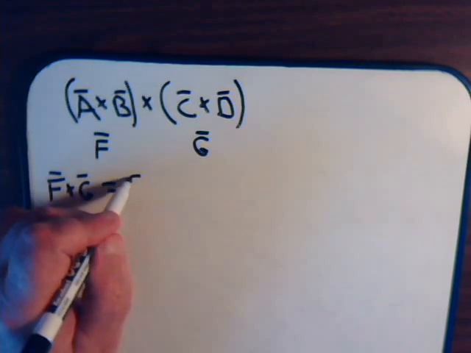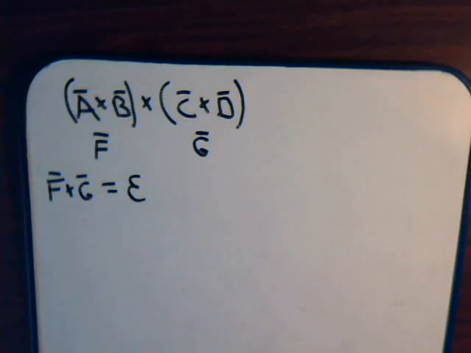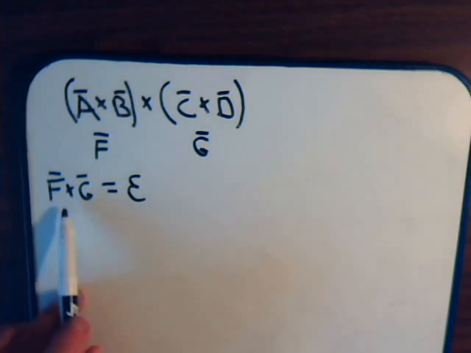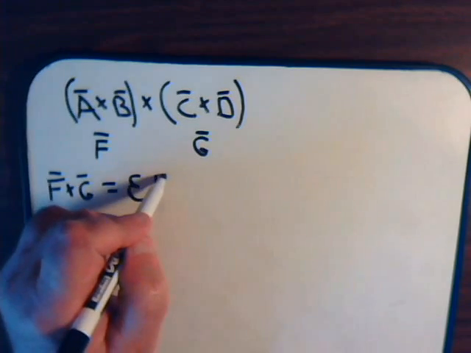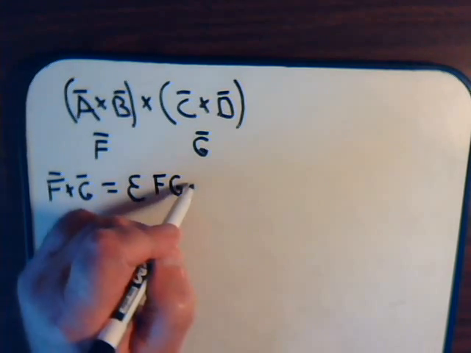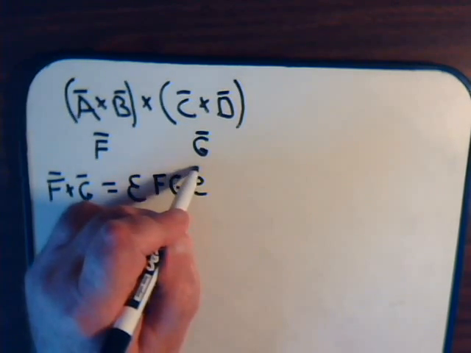will equal epsilon, then we have F G times a unit vector.